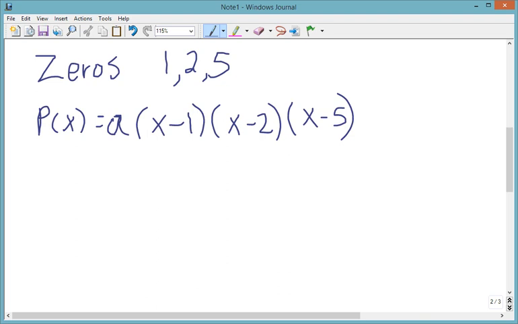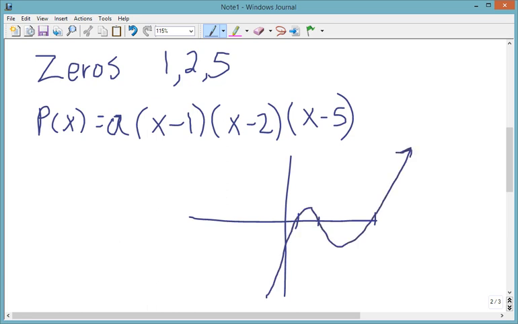What that means, the a out here, is that if I have something that looks like this, that would be a polynomial that goes through those zeros. If I have something that looks like this, that would be a polynomial that goes through those 3 zeros.